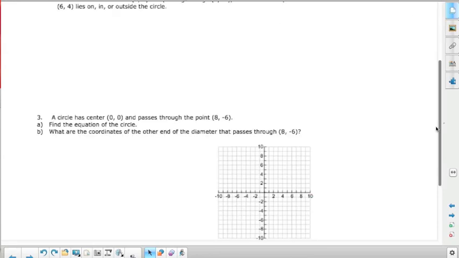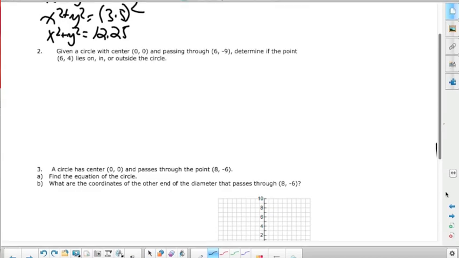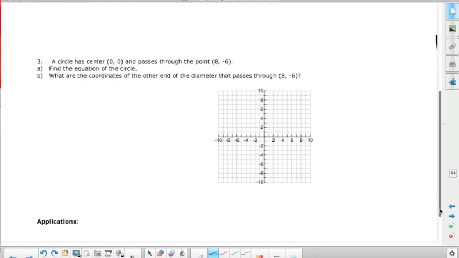Okay, so another key thing that we need to understand is a question like number 2. Given a circle with center 0, 0, our origin, and it passes through 6, -9. So you can always try and visualize it if you want. I guess we can use this grid down here. So I have a point 6, -9.